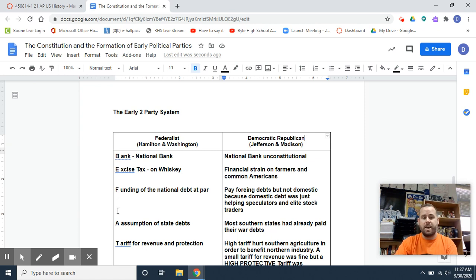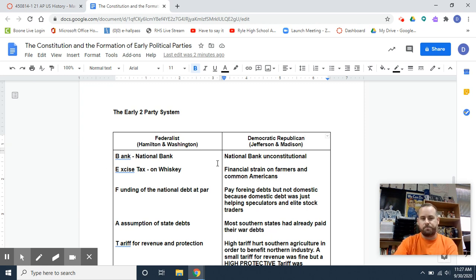BFAT, B-E-F-A-T. The Federalists in general favored a big fat government. And what I mean by that is strong, not necessarily controlling, but proactive, a bit more hands-on, and a stronger role for government, national government, in the lives of everyday citizens.